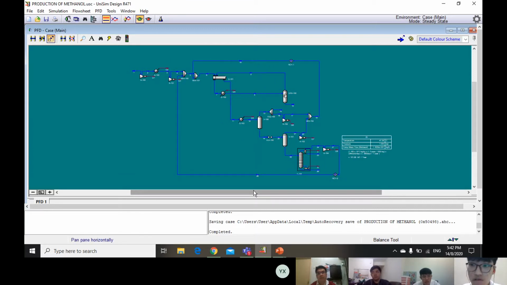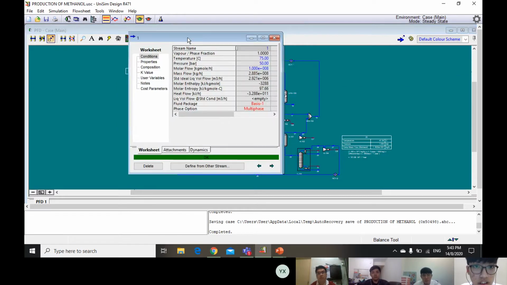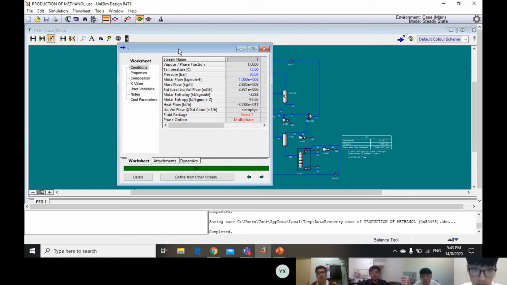In order to produce 100 megatons per year of methanol, some assumptions are made for this process. The operating conditions for the inlet stream are assumed with temperature of 75 degrees Celsius, pressure of 50 bar, molar flow rate of 1 times 10 to the 8 kgmole per hour.